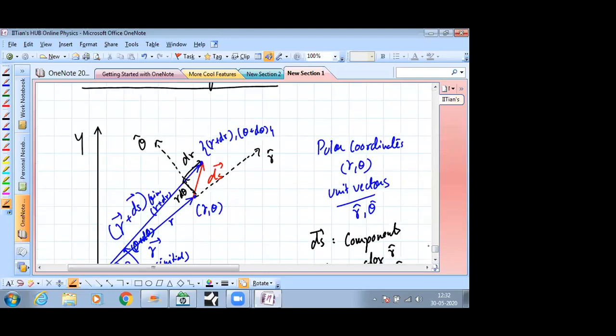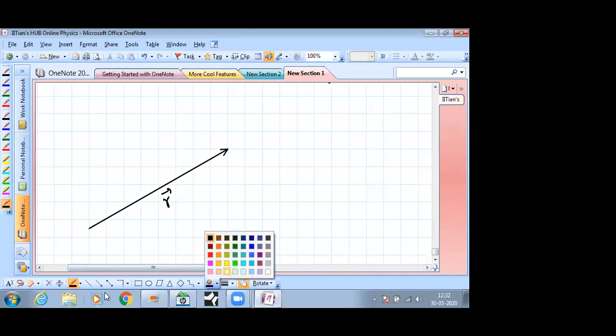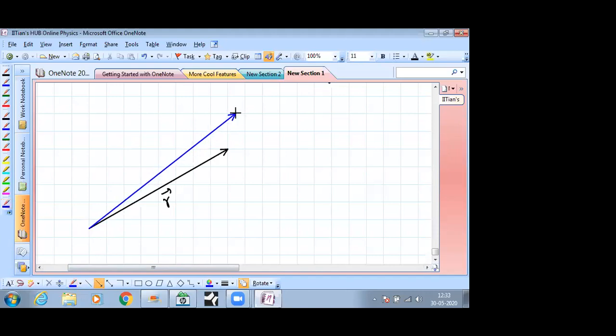Just to bring this in perspective, it's like this vector r is now changing to this vector, which let us say is r plus ds. But now if I make its components, this side becomes equal to this side, which is equal to r.